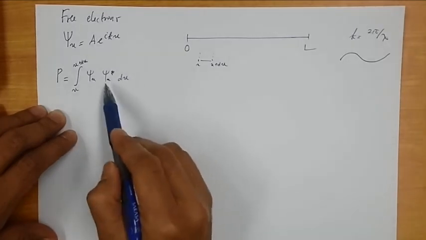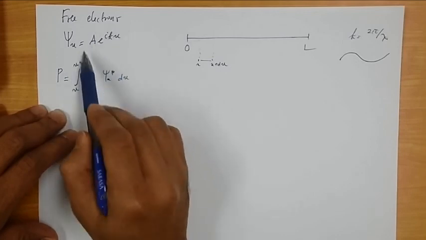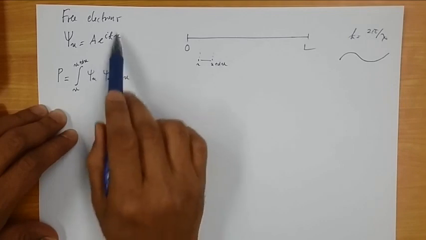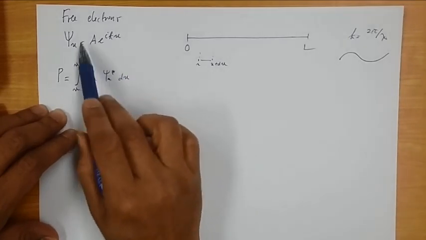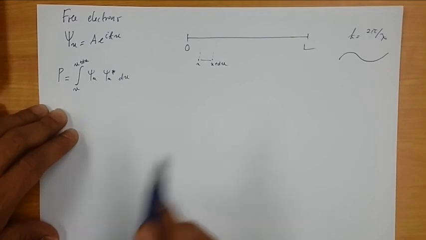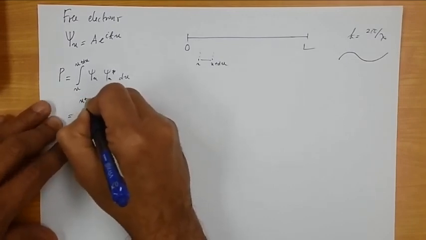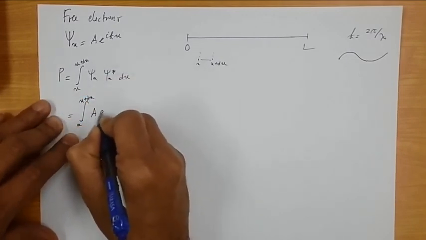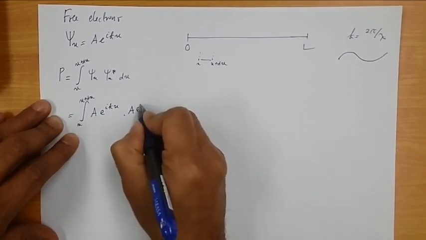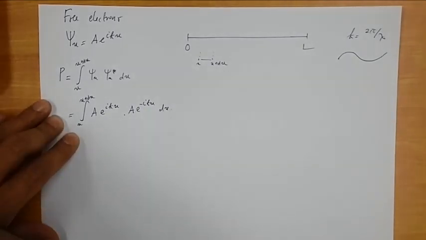The rule for the conjugate is that if the wave function has an imaginary number, the conjugate will be the same form of the wave function with the sign of the imaginary part negated. So from x to x plus dx, you have A e^(ikx) times A e^(-ikx) dx.